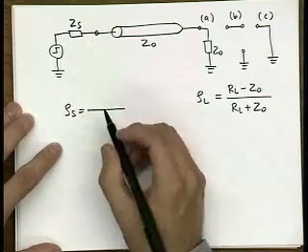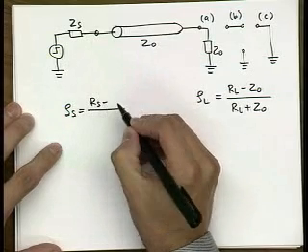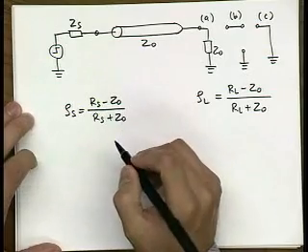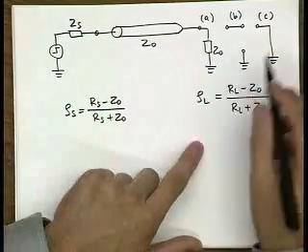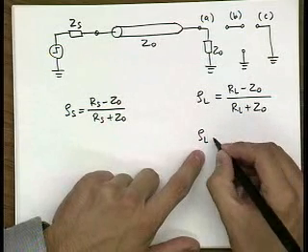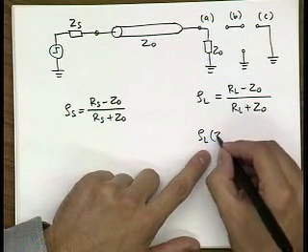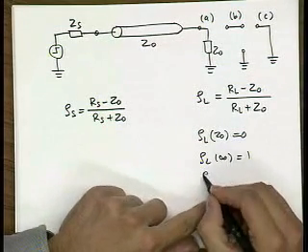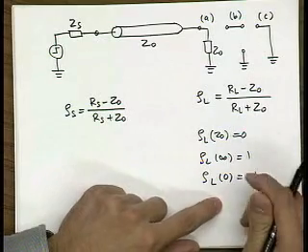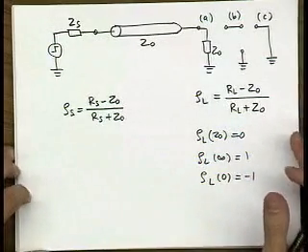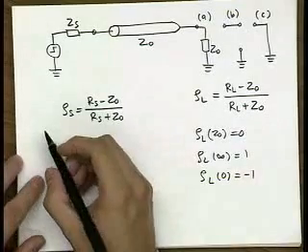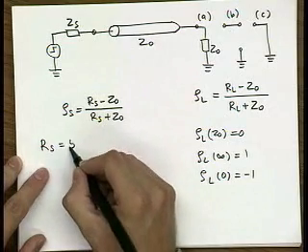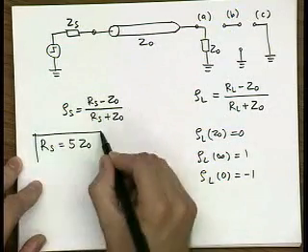So we have RS minus Z naught over RS plus Z naught. And then for these three cases, the reflection coefficient in case A, when RL is equal to Z naught, is 0. When it was infinite, it was 1. And we had -1 for the short. So let's do one example where we assume that RS is equal to 5 times Z naught.